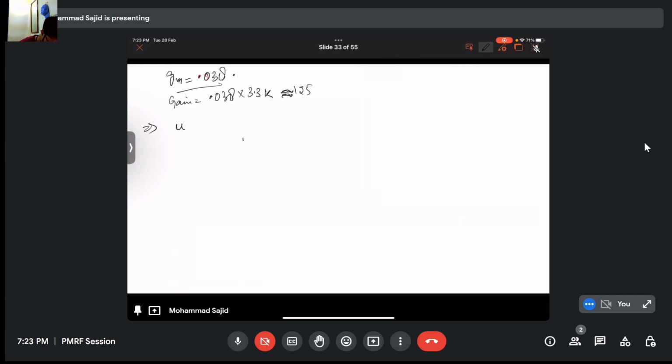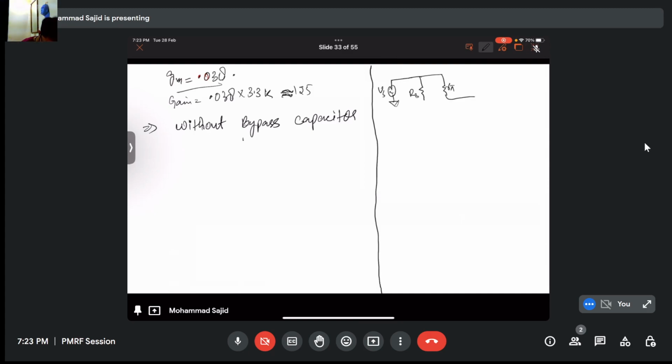Now without the bypass capacitor, how will my circuit look like? You have Vs, you have the biasing resistor, you have r pi, you have RE, you have gm.